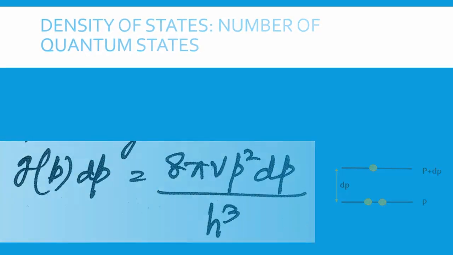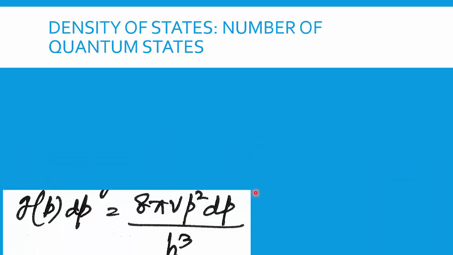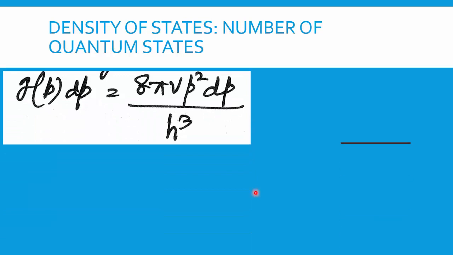Now suppose you have energy levels E and E plus dE. So you have 2 levels of energy. One is the lower energy, which is called E. The other is the higher energy, which is E plus dE.